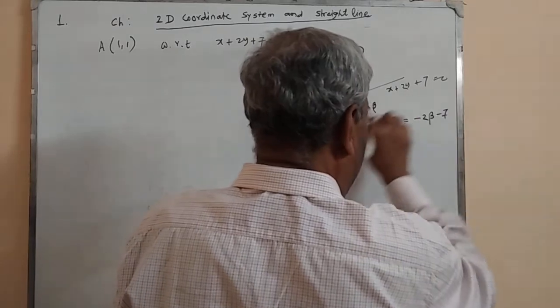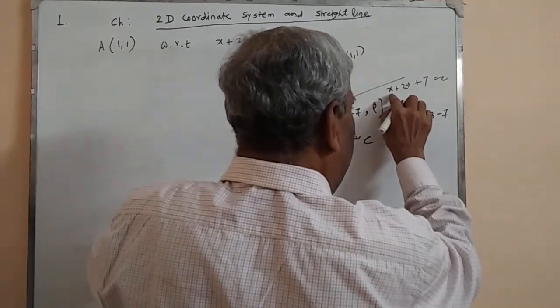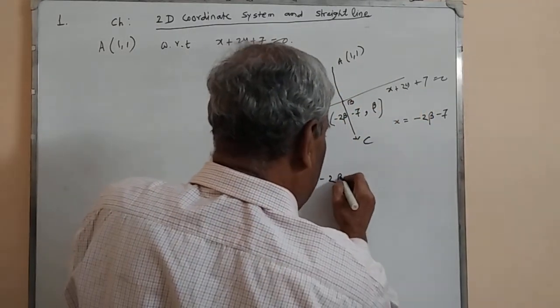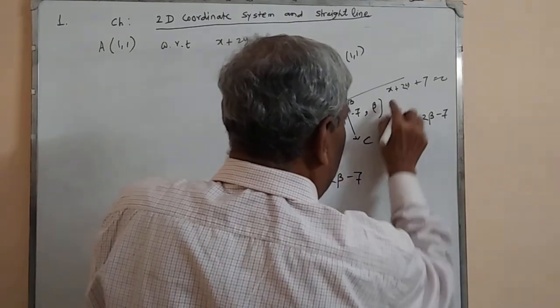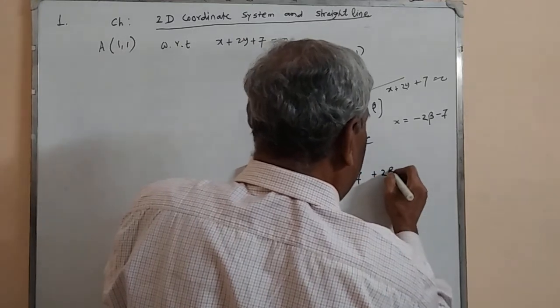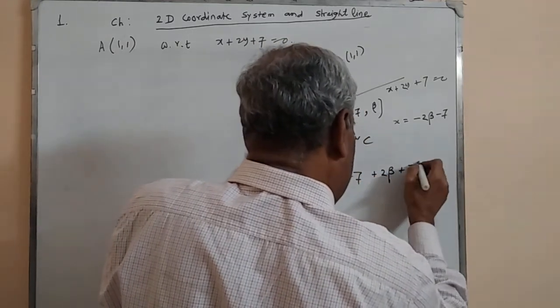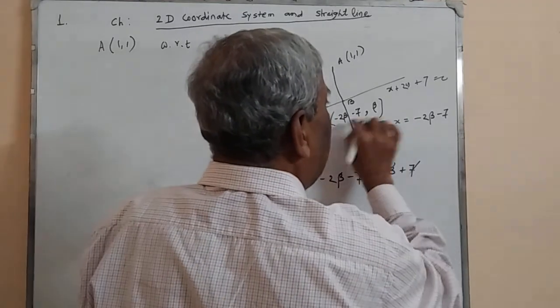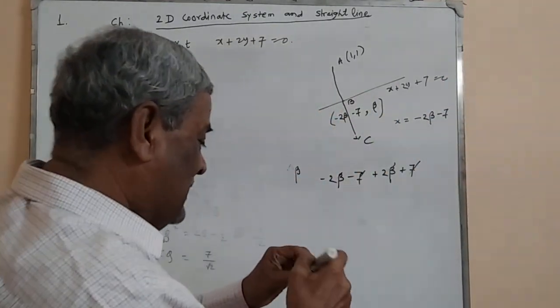We put it there, it must satisfy. X means minus 2 beta minus 7, 2y is plus 2 beta, and plus 7. You see, they cancel, so it is a point on that line, as I told you earlier.